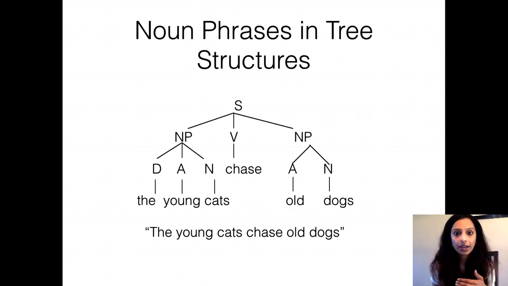And what I would highly recommend is, once you finish watching the lecture, once you have an intuitive understanding of the different sentences and the different kinds of rules that we have been talking about, draw this tree structure without looking at the tree on the slide. So write down the young cats chase old dogs.